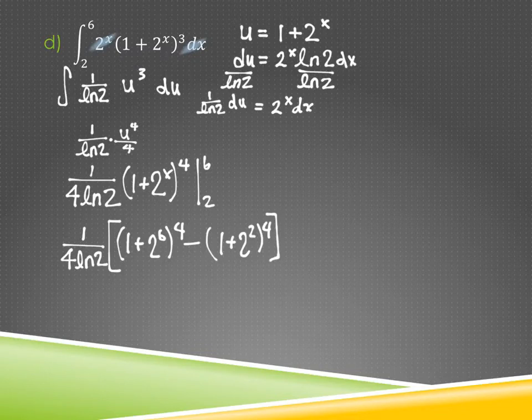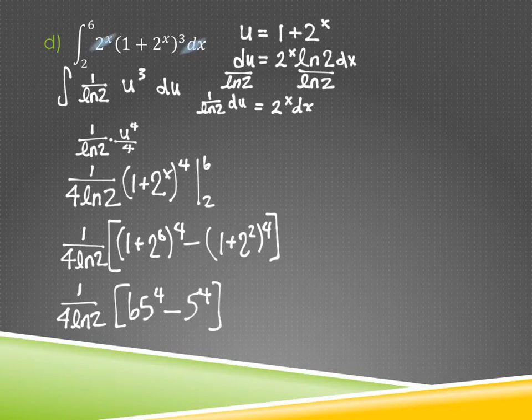What is 2 to the 6th? 64 is right. And then I add 1, I've got 65. So in some sort of sense, I have 1 over 4 natural log 2 here. And this is 65 to the 4th minus, what is 2 squared? 4. 4 plus 1 would be 5, and this is 5 to the 4th. And can our calculator do this and give us an exact answer to simplify this?